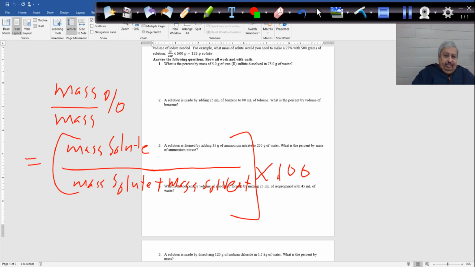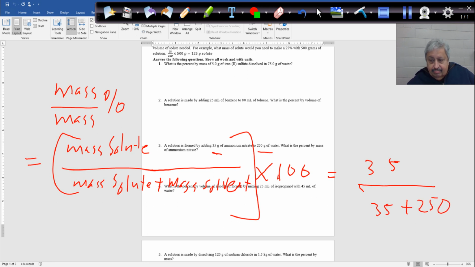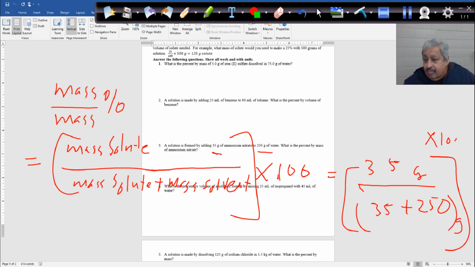Okay, so that's the definition. Now, it will give us 25. Ammonium is the small amount, 35, and 250 is the largest one. So 35 is the solute, 35 divided by 35 plus 250, all in grams, and the whole thing multiplied by 100%.